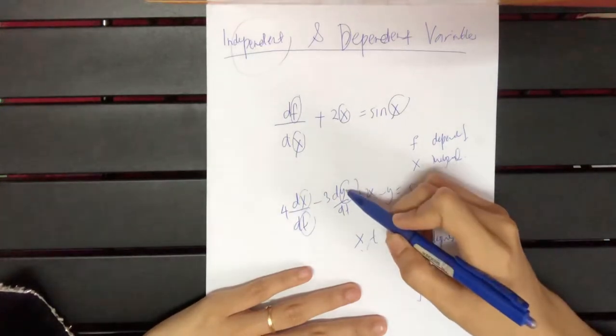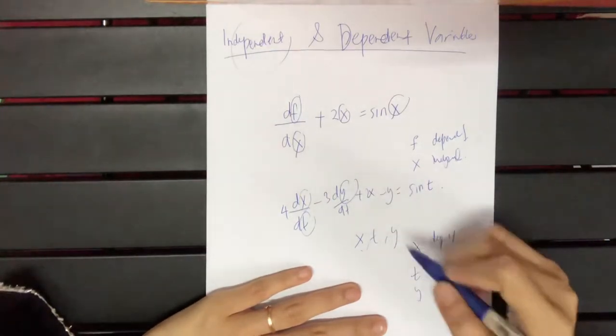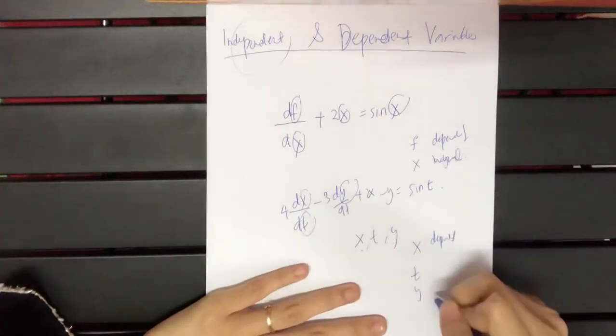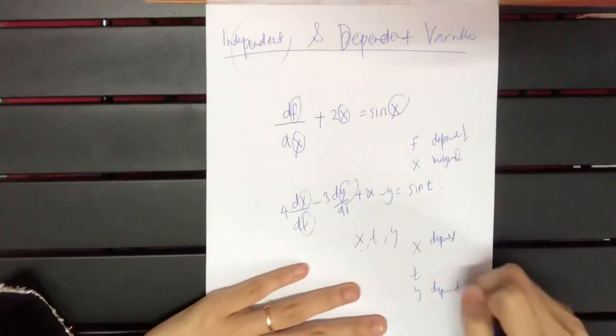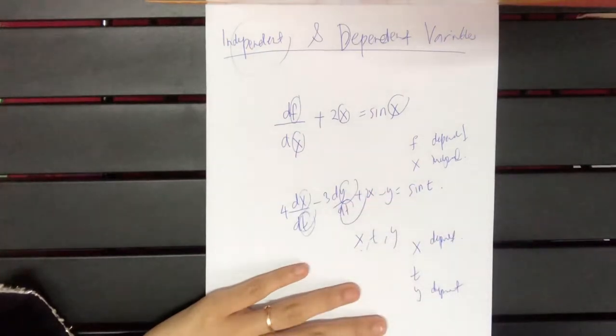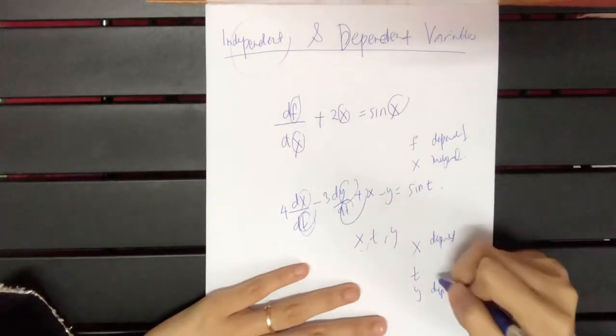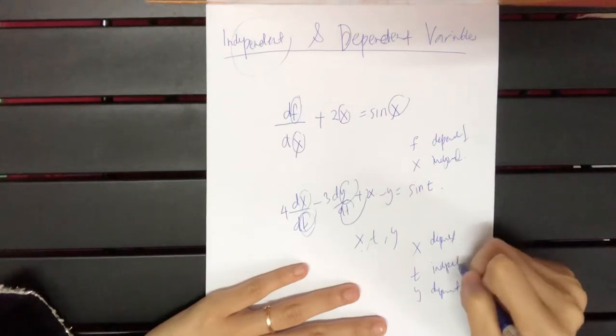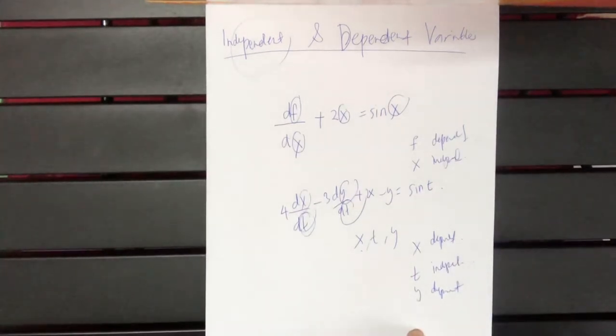Y also is on the above side, right? So y depends on t. So y also is dependent, and automatically you can see that t is on the downside, so t is independent. This is how we identify the variables.